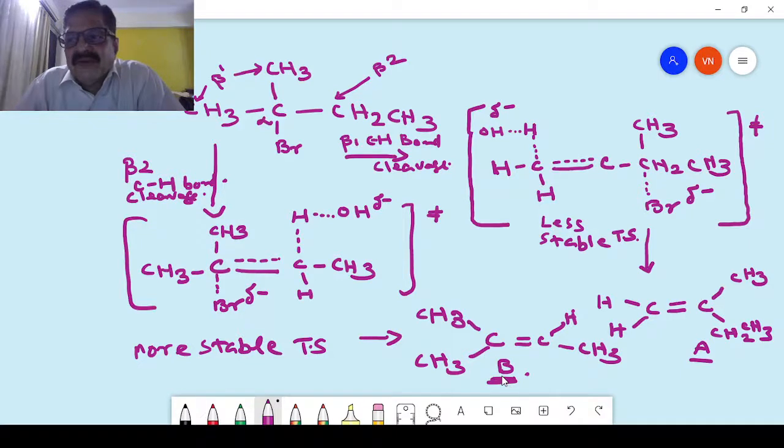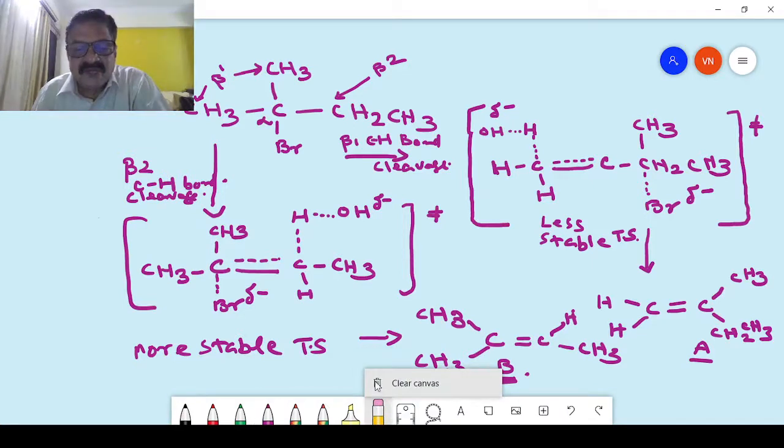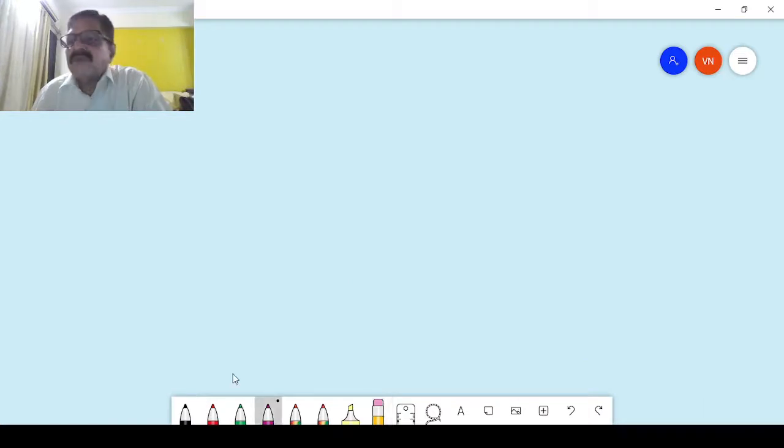Everywhere it is the stability: the more stable product will predominate. When different stereoisomers are possible, the more stable one is the major product.